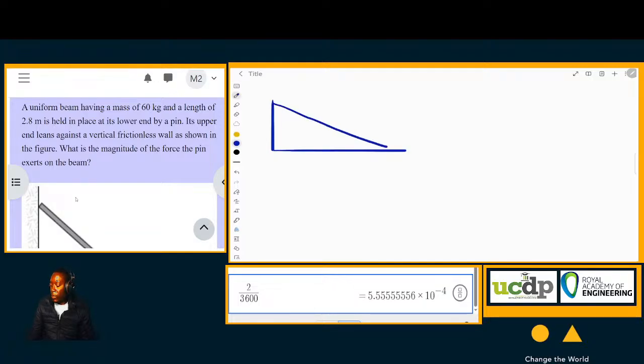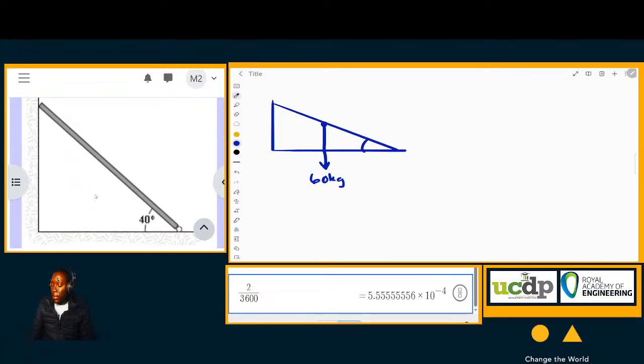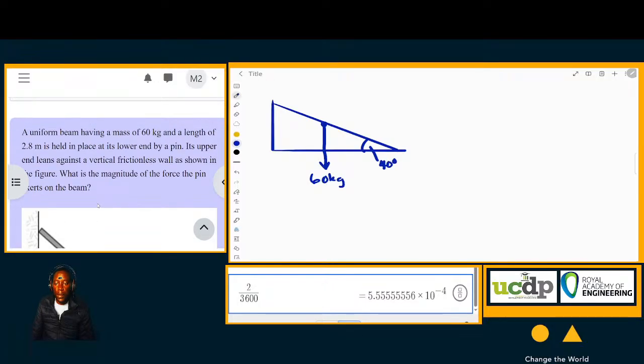And then we have a beam, and its mass is 60 kgs. I think the angle in the diagram there is 40 degrees. Then the length of the beam is 2.8 meters.